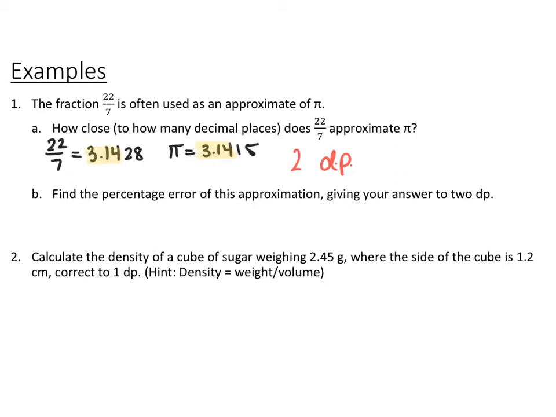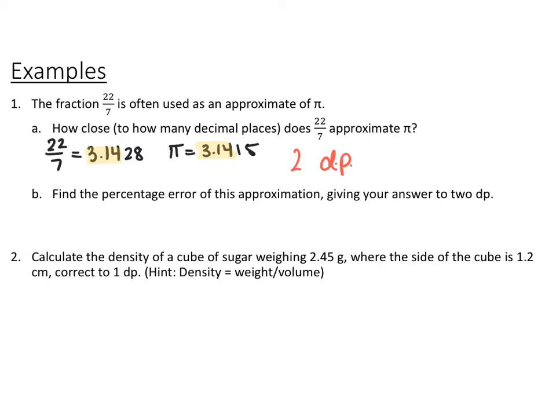If you plug in 22/7 into your calculator, you get 3.142857143. If you plug pi into your calculator, you get 3.141592654. I wrote them to 4 decimal places here. And so you can see it's only to the first 2 decimal places, that 3.14 that pi is famous for. That's as far as 22/7 approximates pi.